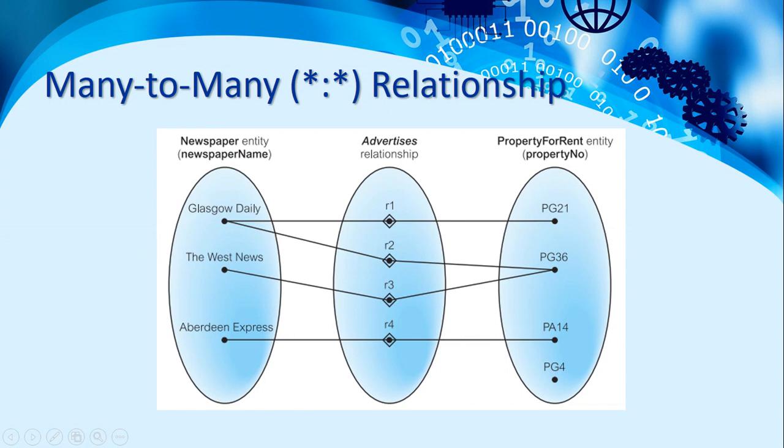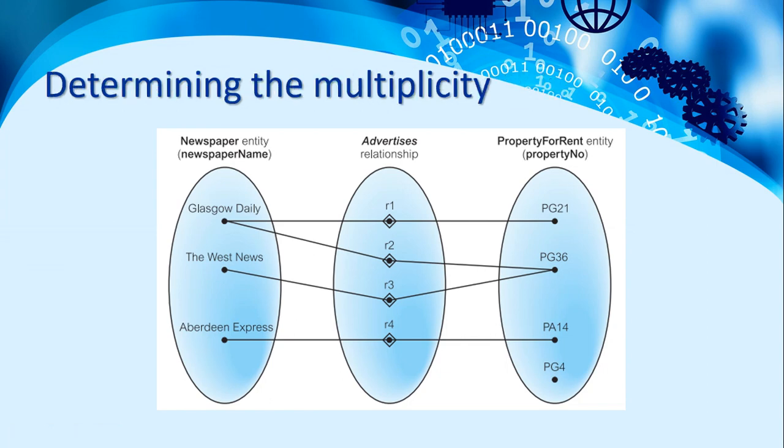In determining the multiplicity for many to many relationships, in this figure we have 3 newspapers and 4 property for rents. We see that the Glasgow Daily newspaper advertises two property for rent, PG21 and PG36.